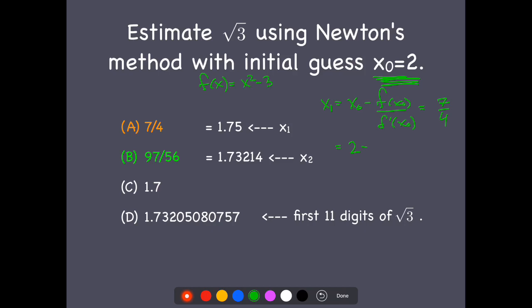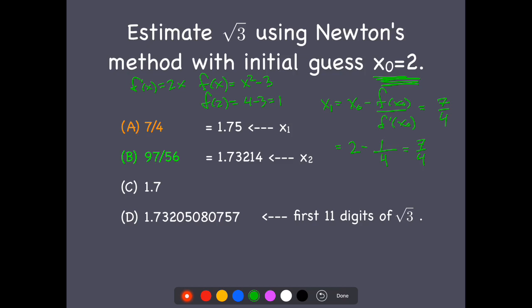So when I plug in 2, I get 2 squared minus 3 is 1. So I get 2 minus 1 over, and now f prime of x is equal to 2x. So if I plug in 2, I get 4. And there we have 2 minus 1 over 4. Oh, that is actually not so hard. There we go. I did calculate it, even though I said I wasn't going to.